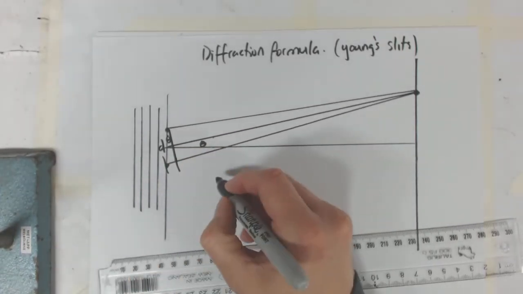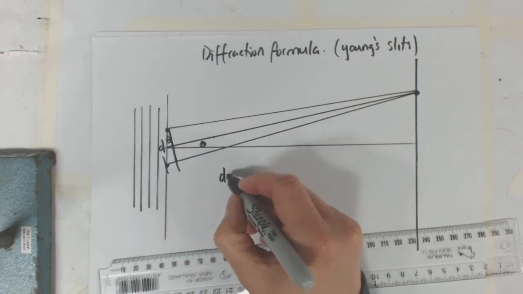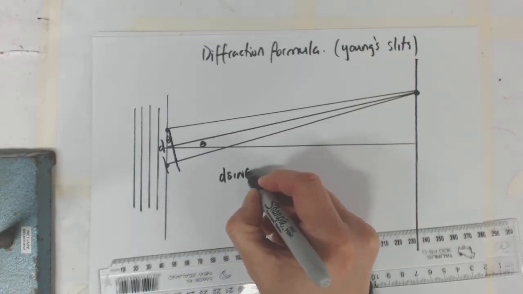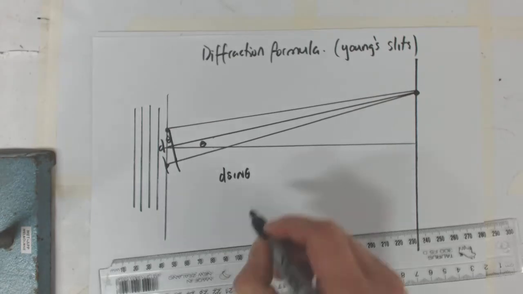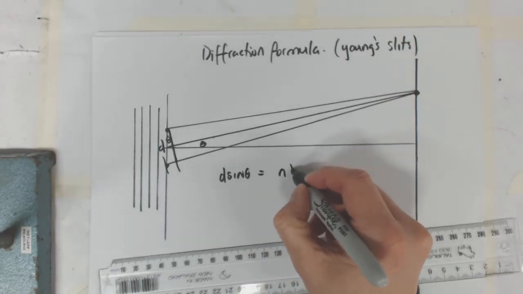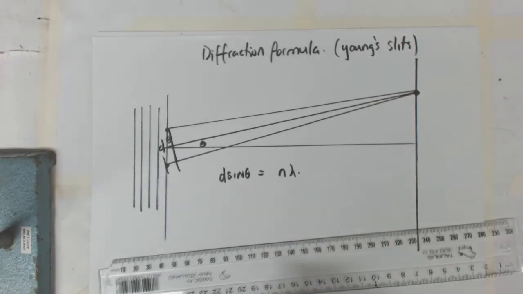So what we're basically saying is that D times the sine of theta equals the path difference, which in our case is n wavelengths. Looks like the diffraction formula for many slits when you get there.